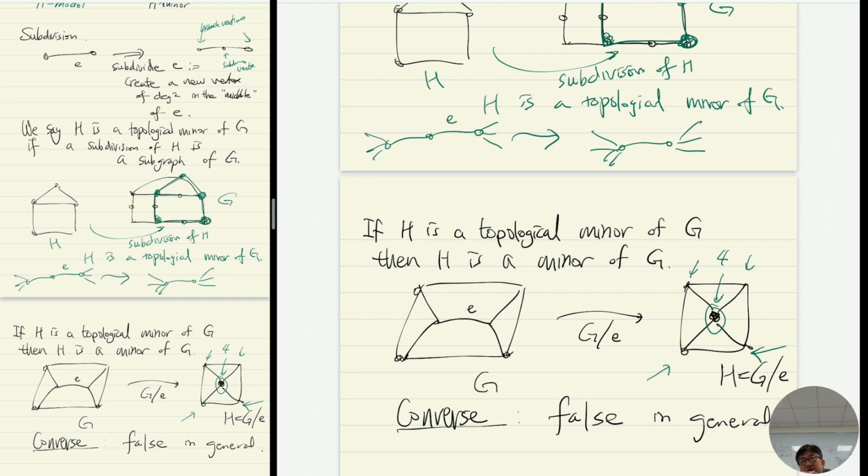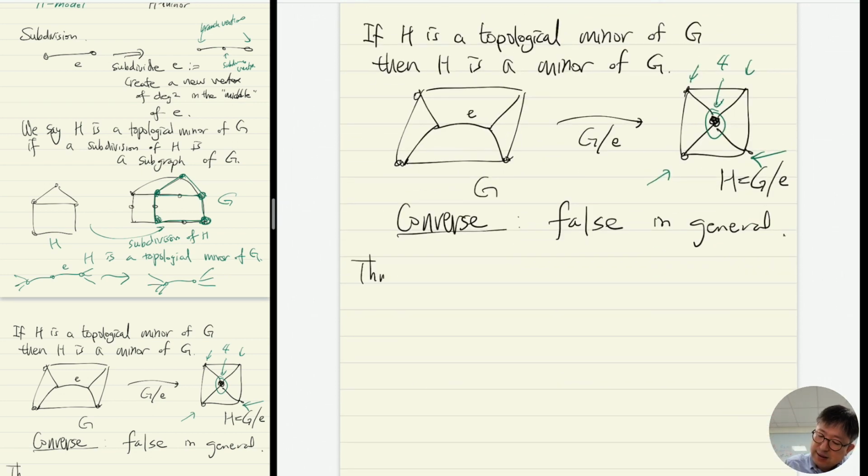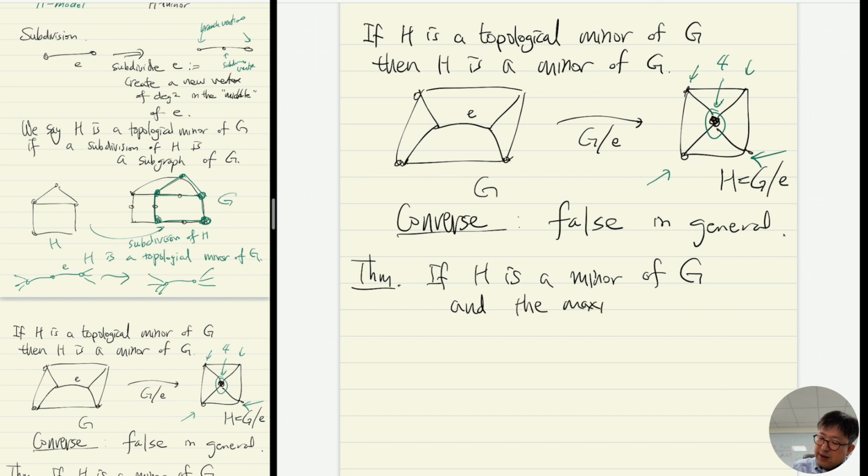Now, we're going to prove some special case of this converse. Let's say as a theorem, if H is a minor of G and the maximum degree of H is at most 3, and let's simplify further, H is simple.